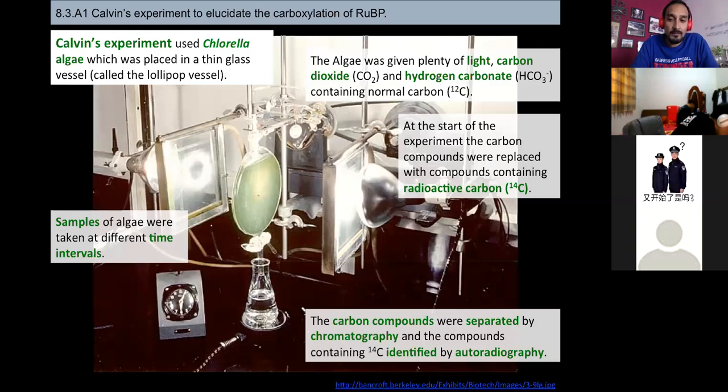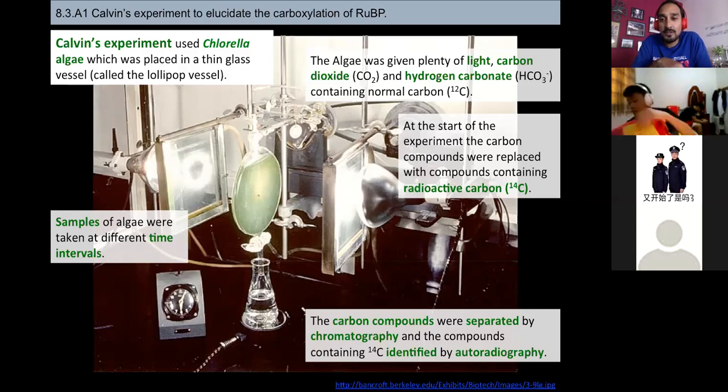And then at some point, instead of the normal carbon dioxide, he introduces a radioactive type of carbon dioxide. Now, why is this important? Well, radioactive isotopes can be traced. At this time, tracing maybe was not the right word, but what they could do is put it on X-ray paper, and the radioactivity would burn a little patch wherever the radioactive carbon was.